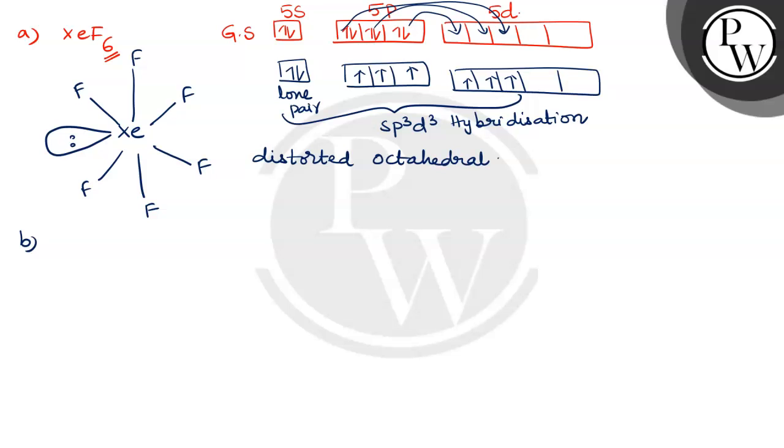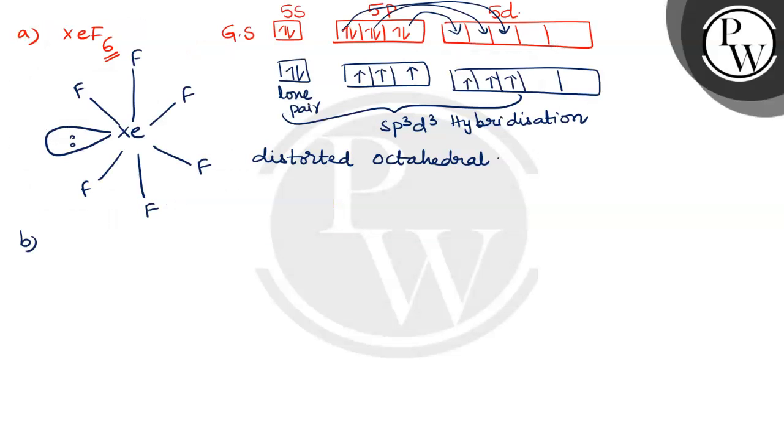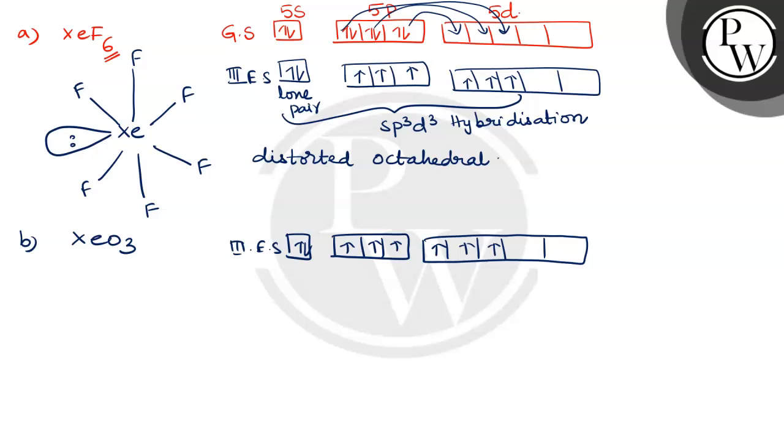Whereas the second molecule, what is the second molecule? XeO3. XeO3, xenon again, it is in the third excited state. Third excited state is also the same. It is in the third excited state because it is having 6 bonds.